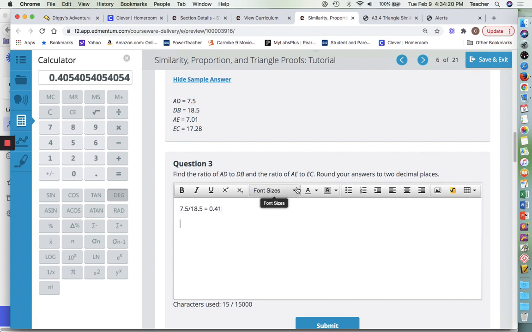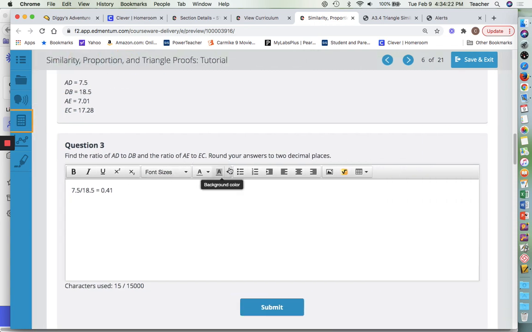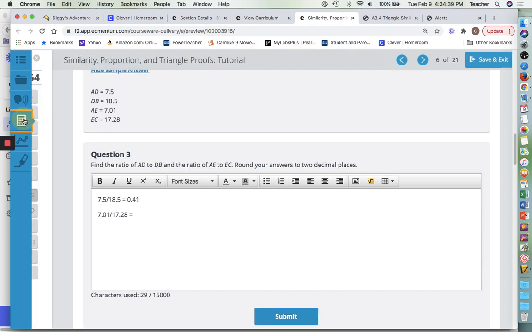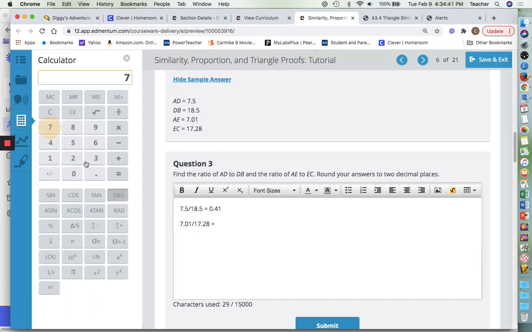All right, now I got to do AE and EC. So AE was 7.01. Divide that by EC, which is 17.28.